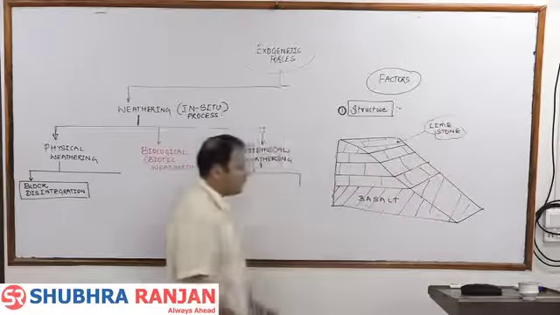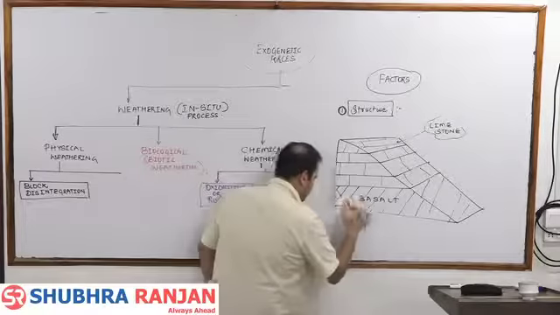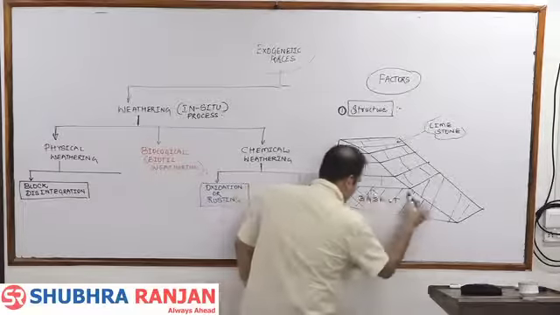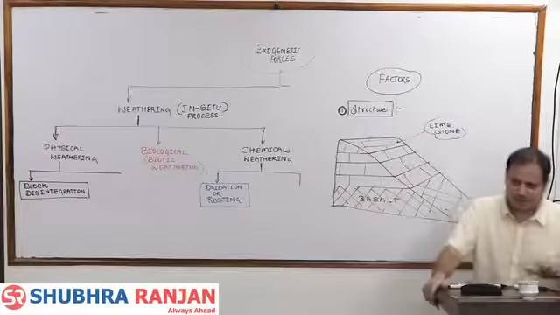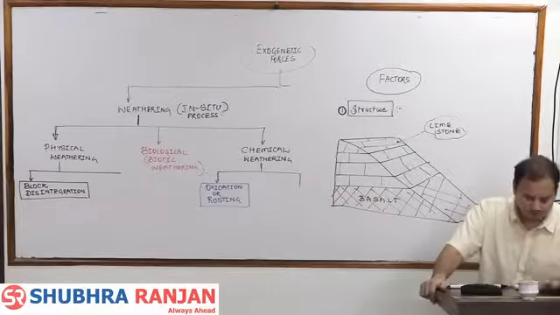There are two different kind of rocks. नीचे का rock is basalt. Can I call this as a hard rock or soft rock in geography? These are hard rocks. They are not that much prone to erosion.